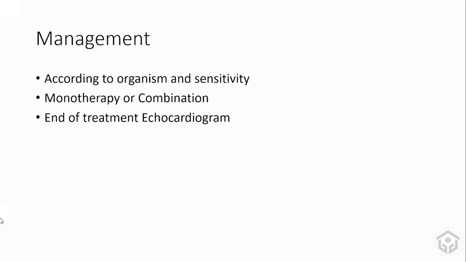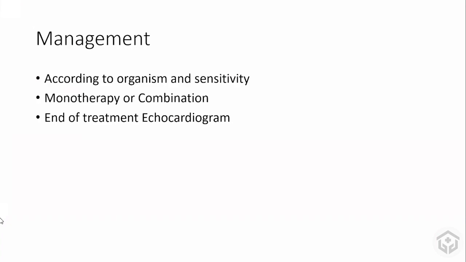But if the patient has a prosthetic valve, we have to go for a combination therapy, a combination of three antibiotics: vancomycin, gentamicin, and rifampicin. As you all know, vancomycin and gentamicin are nephrotoxic. So if you combine two nephrotoxic drugs, the outcome is going to be more risky for the patient's renal system.